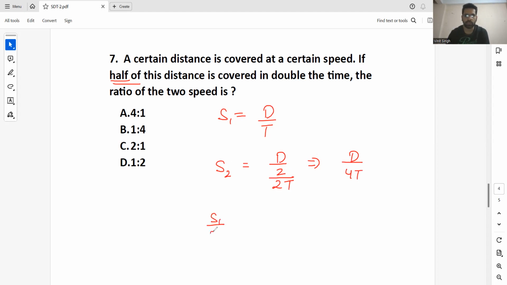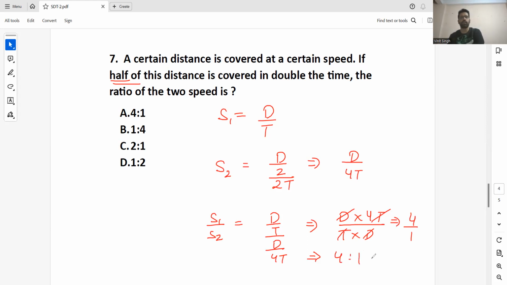So S1 upon S2 is equal to D by T and D upon 4T. We will write it in the form of D into 4T upon T into D. D, D cancel, T, T cancel. We will get 4 ratio 1. So the ratio of the speeds is 4 ratio 1.